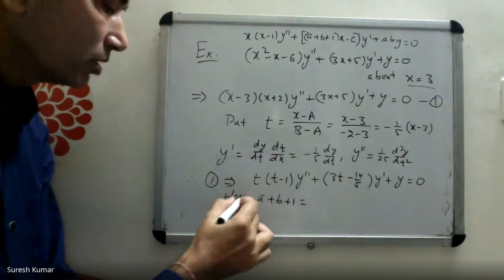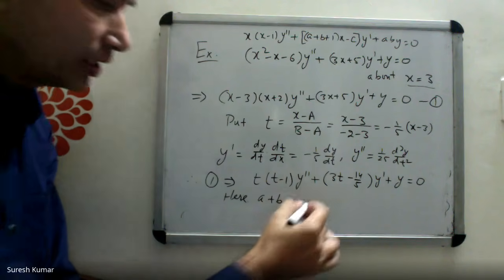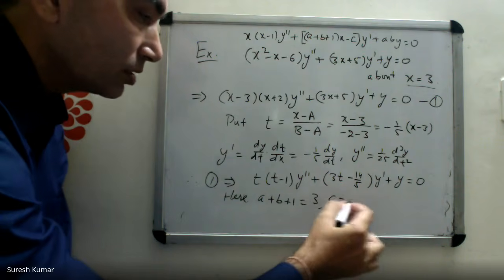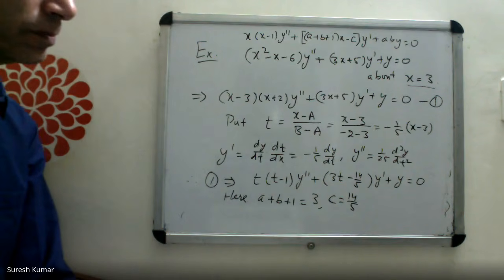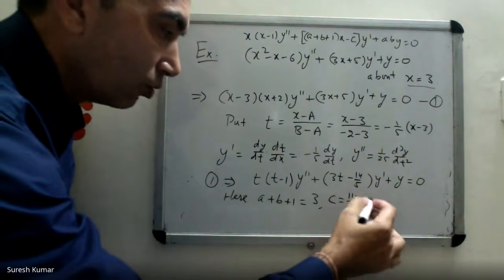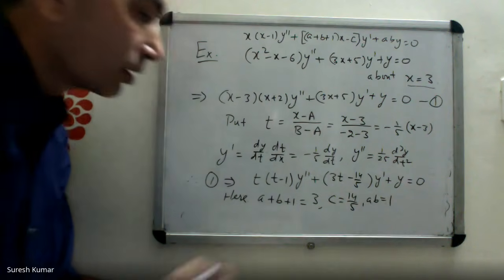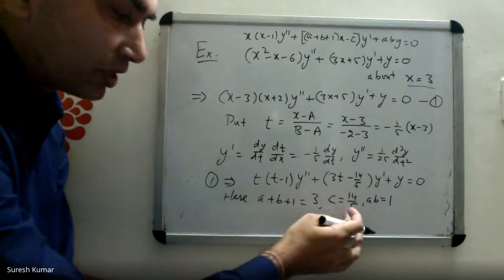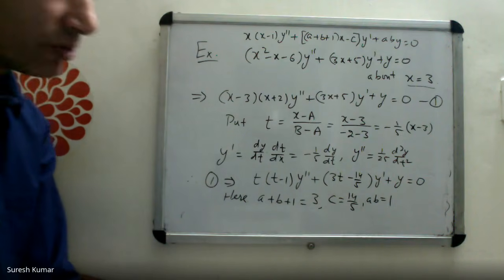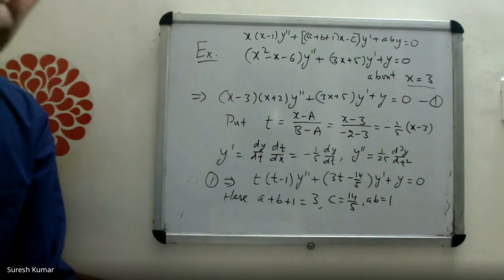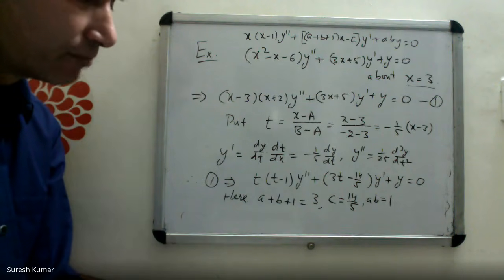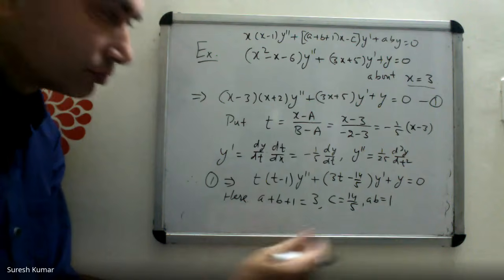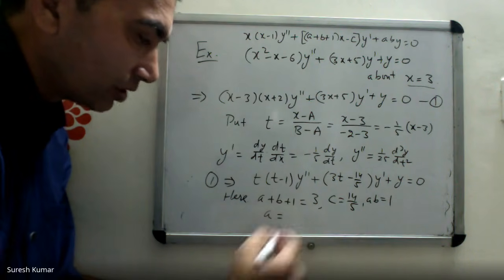Here a plus b plus 1 is 3. c is 14 over 5. ab is 1. c is of course separate. You need to find a and b also after this. So what are a and b from this?